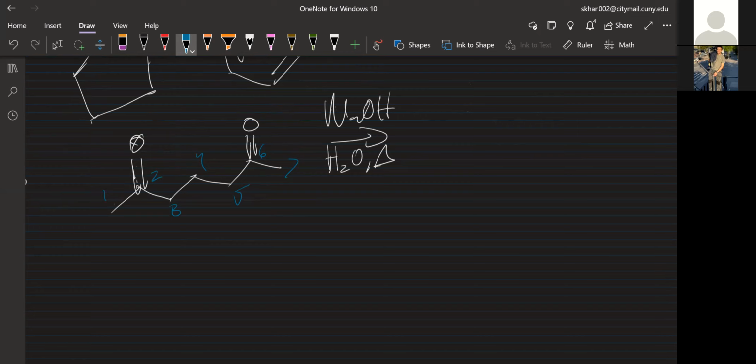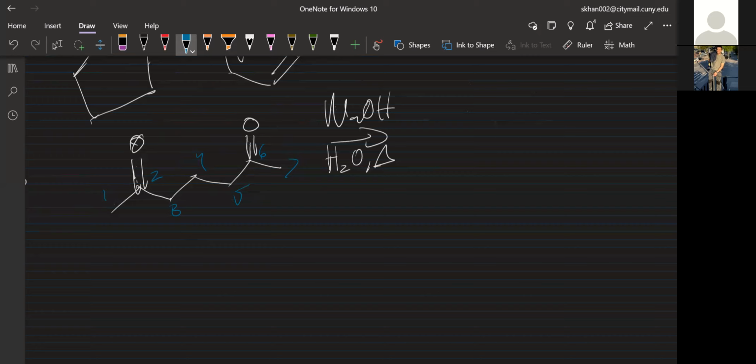So we have 1 and 3 and 5 and 7. If we wanted a 6-membered ring, this is what can give you insight to the mechanism. Can we do a bond between 3 and 5? That's not a 3 and 5.